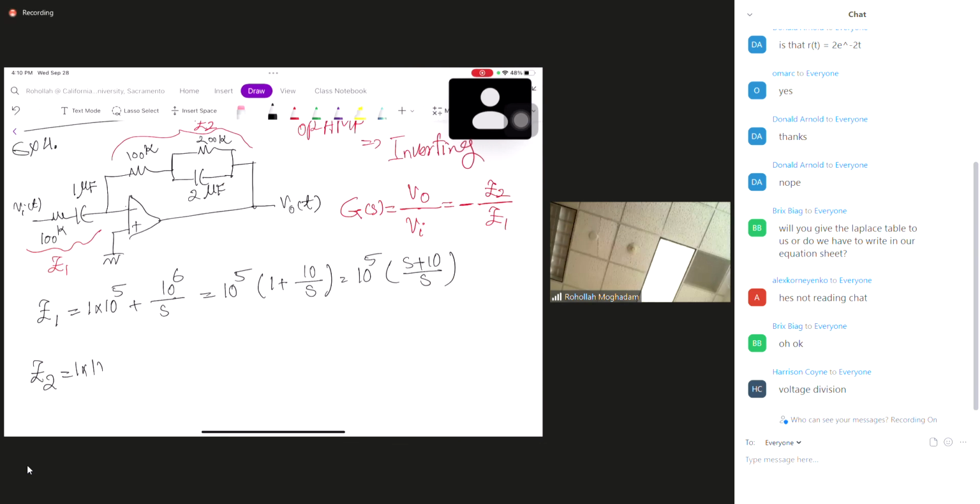1 times 10 to the 5 plus, we have 200K in parallel with 2 microfarad, becomes 2 times 10 to the 5 times 10 to the 6 over 2s, right?